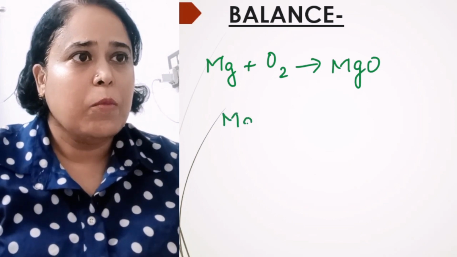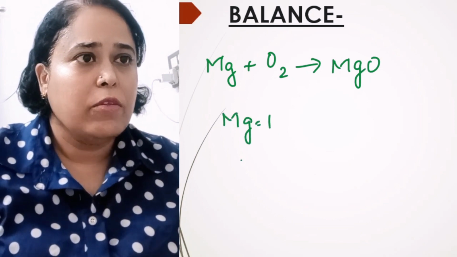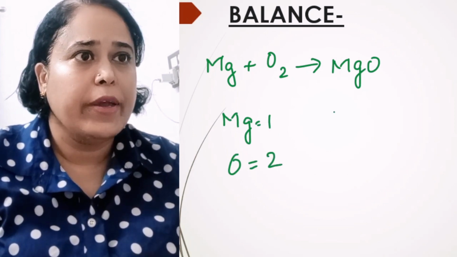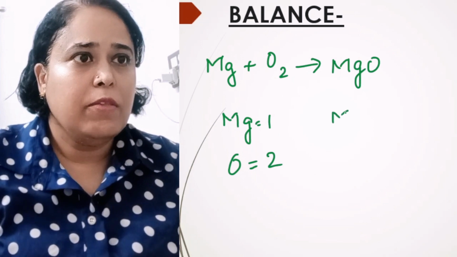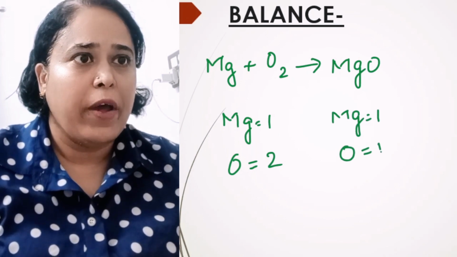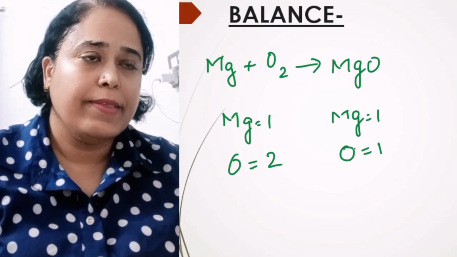Magnesium 1 on the reactant side. Oxygen 2 on the reactant side. Magnesium 1 on the product side. Oxygen 1. Oxygen is not balanced.